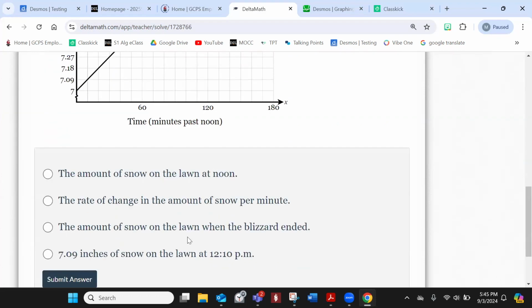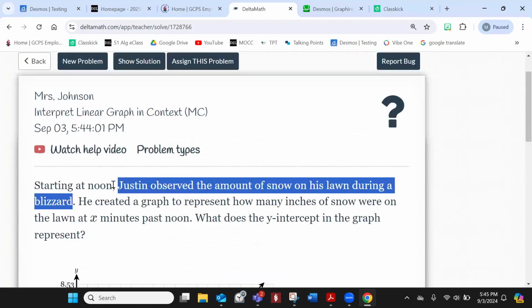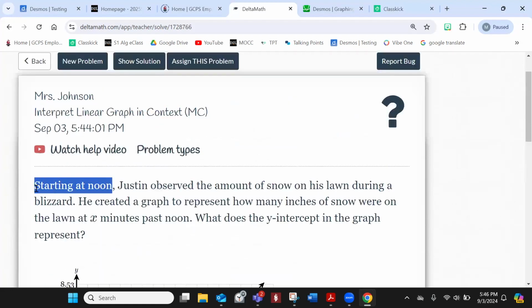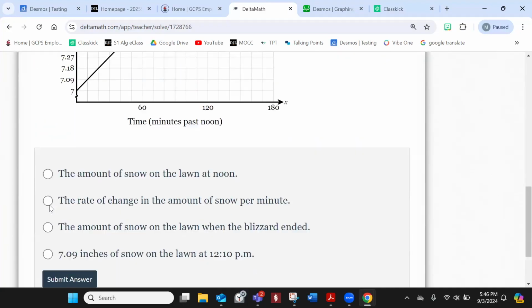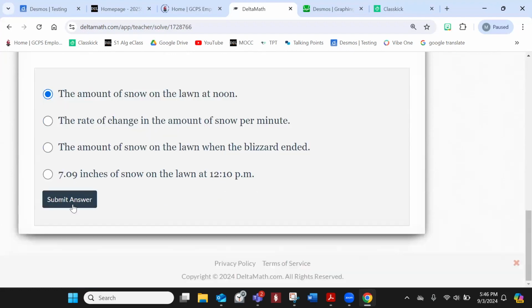So this is wrong. And then it says 7.09 inches of snow on the lawn at 12:10. That's not right because it's not 7.09, it's 7. So that means it's this one. At noon, like starting at 12 o'clock, it was 7 inches of snow on the ground. So this is the starting initial amount.